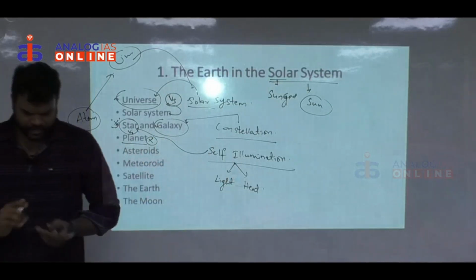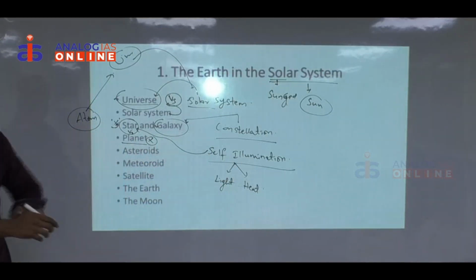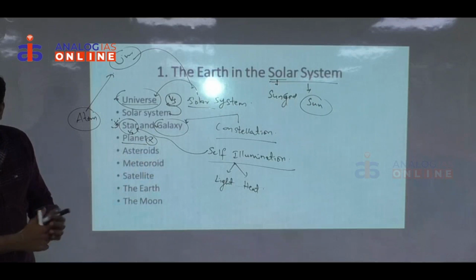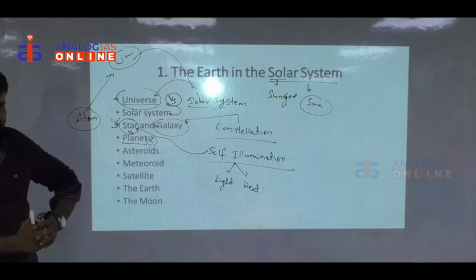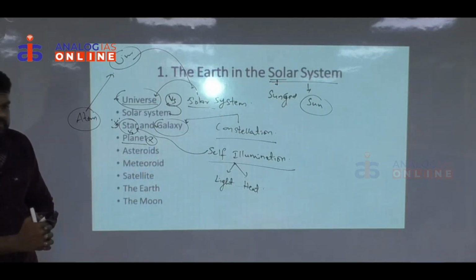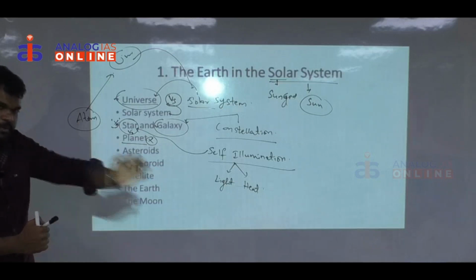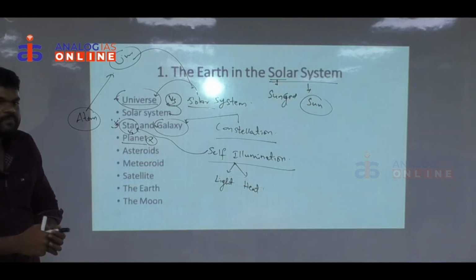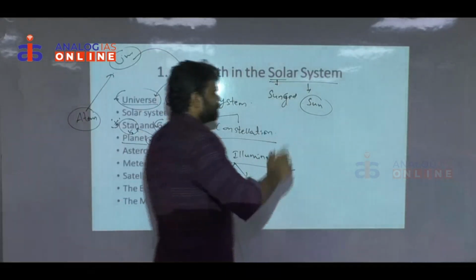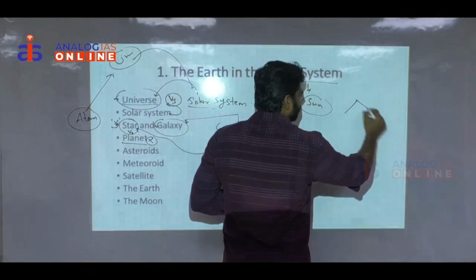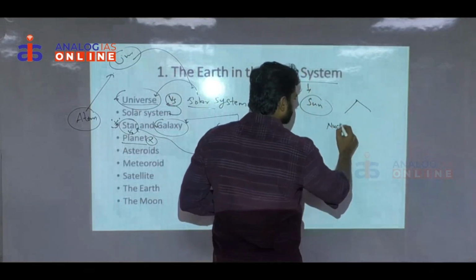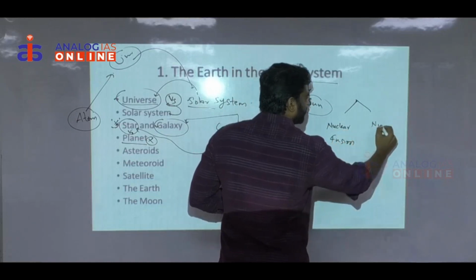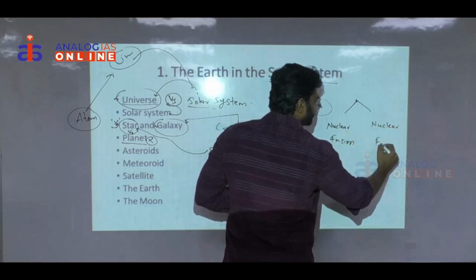Even Earth is also comprised of gases. Then why not self-illumination on the part of Earth? Helium, okay. So what happens when you have helium? You have two kinds of reactions. One is, it is not mentioned in your NCERT, nuclear fusion reaction and a nuclear fission reaction.